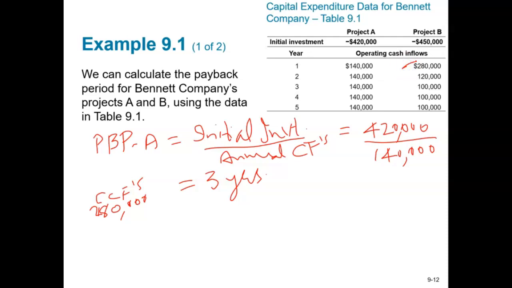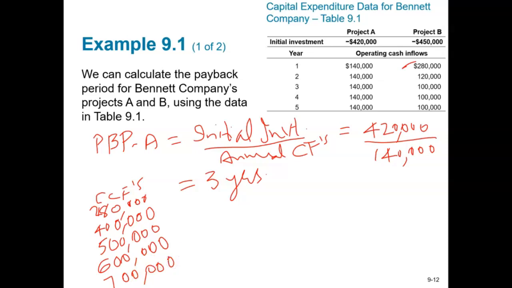Then 280 plus 120, so that becomes 400,000. Then you have 400 plus 100, that gives me 500. 500 plus 100 gives me 600, and then finally 700,000.